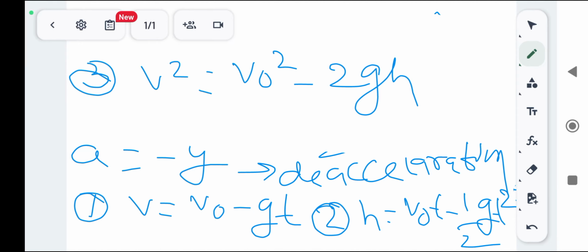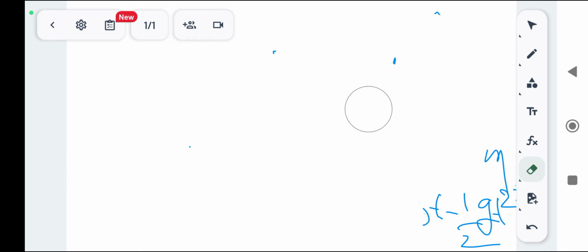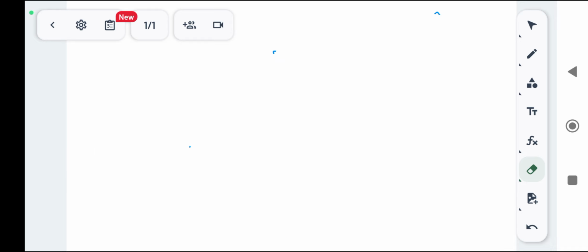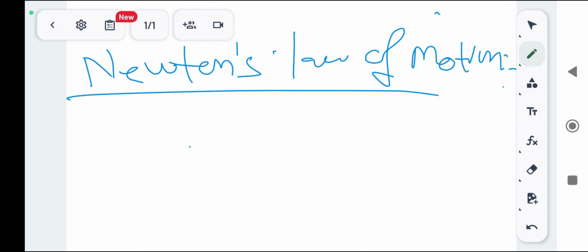Now the topic is Newton's laws of motion.